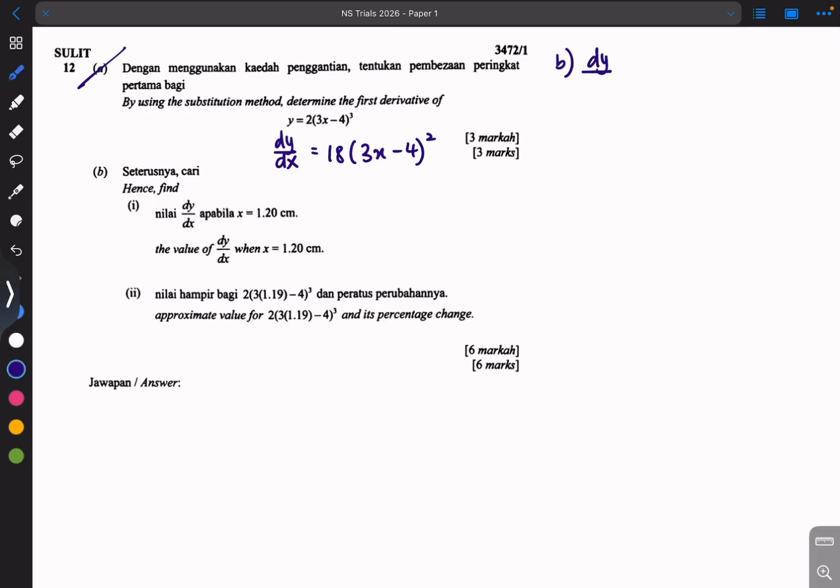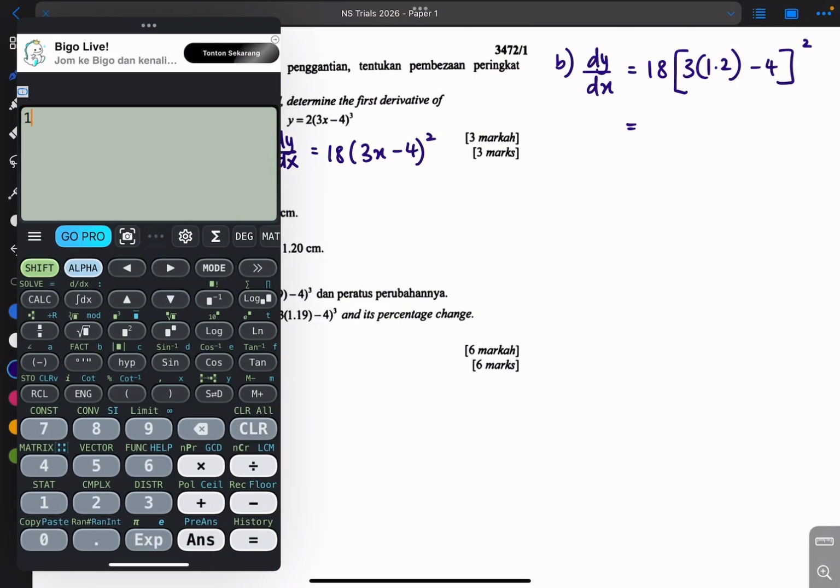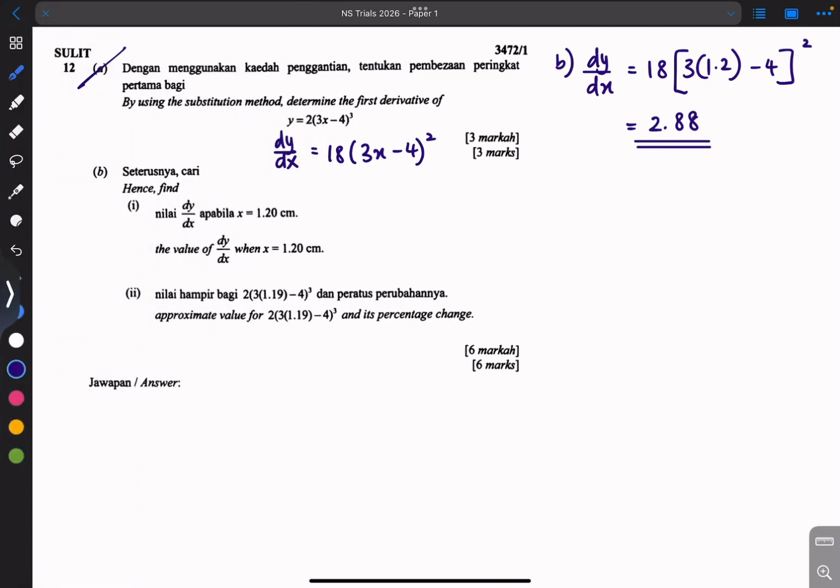So you can say dy dx is 18 3 times 1.2 minus 4 square. 18 times 3, 1.2 minus 4 square. We get 2.88. This will be the value of our dy dx when x is 1.2. Done. This is B1.